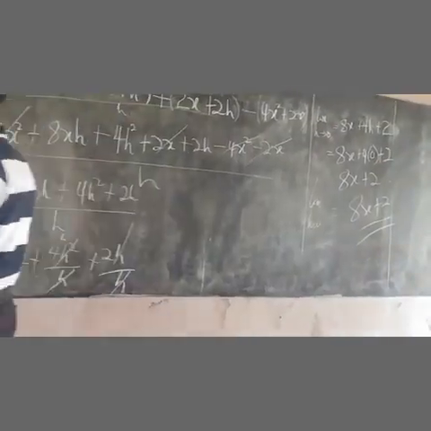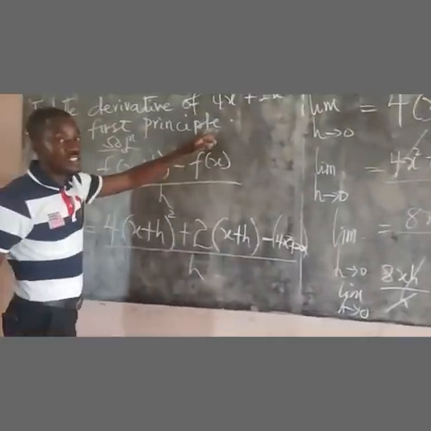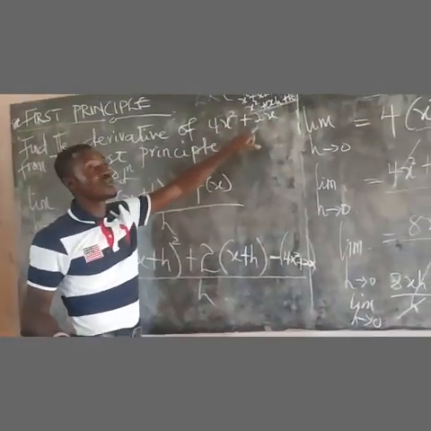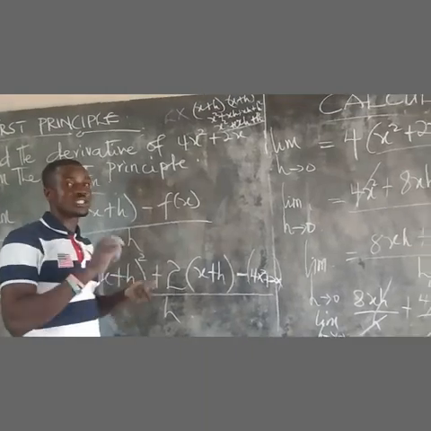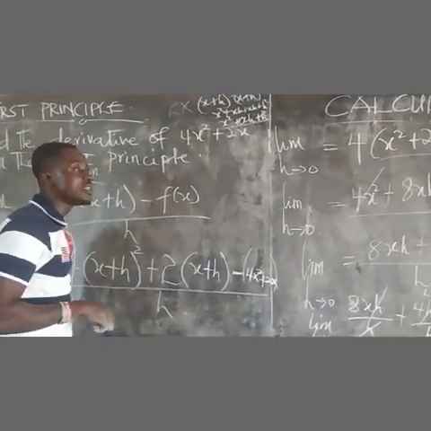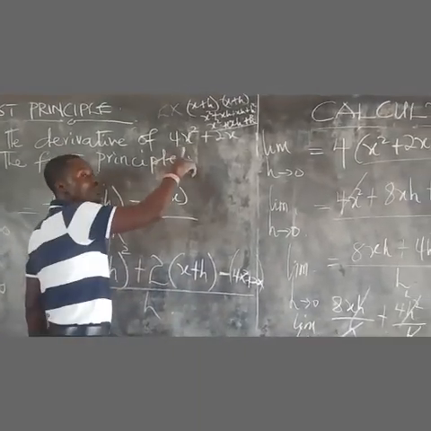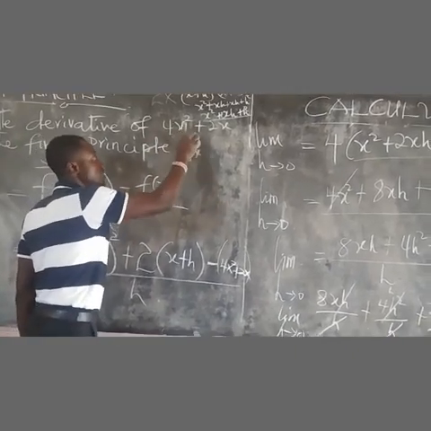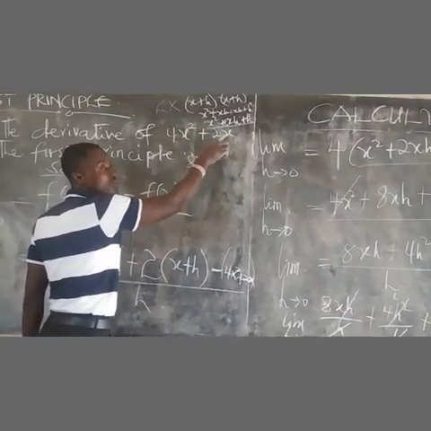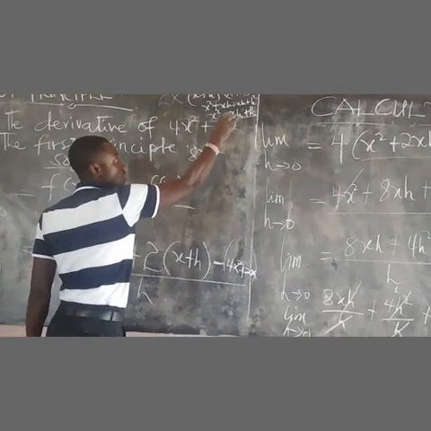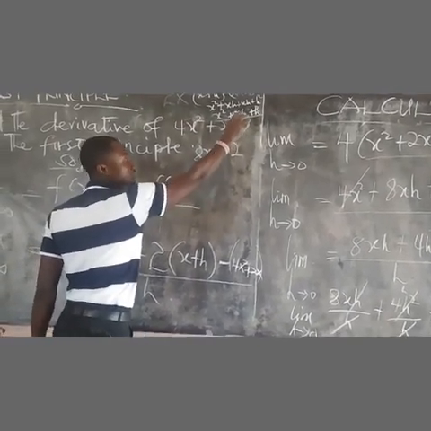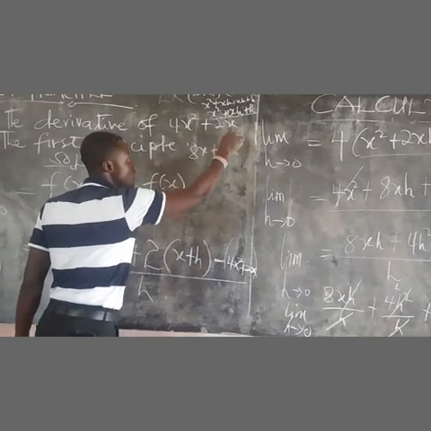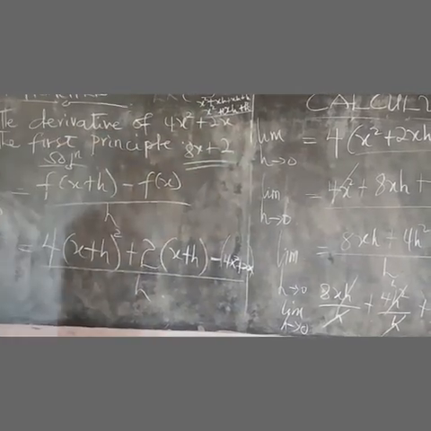Now let's look at something here. Let's differentiate 4x squared plus 2x. Let's use the shortcut to see if you get 8x plus 2. If you differentiate 4x squared, so 2 times 4 is 8, then x to the power 2 minus 1, so 8x, plus 2x, exponent 1, is 1 times 2, 2. x to the power 1 minus 1, so exponent 0, so you get 8x plus 2.